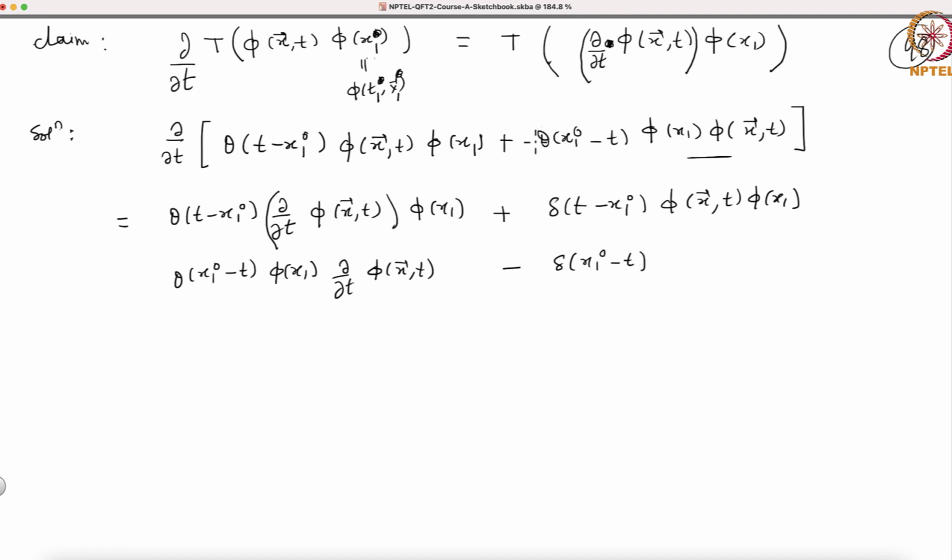So I differentiate this theta function, I get minus of this delta function. So this is what we get, and you see that these two terms just cancel.